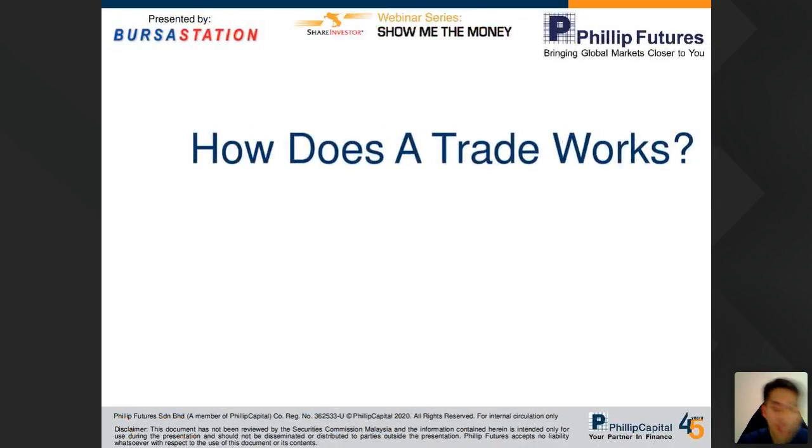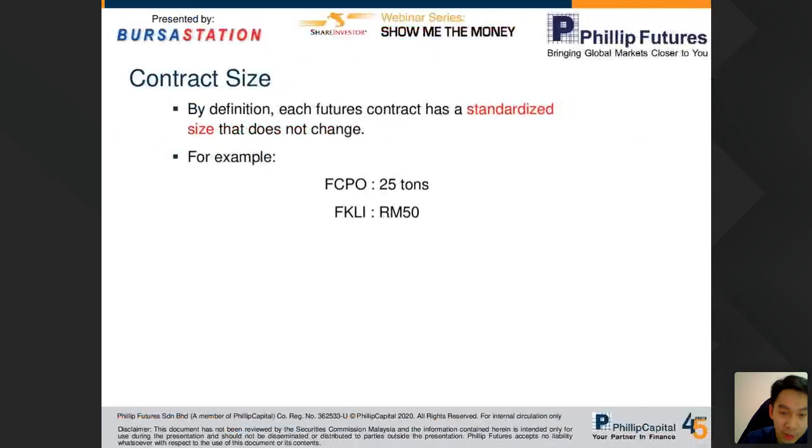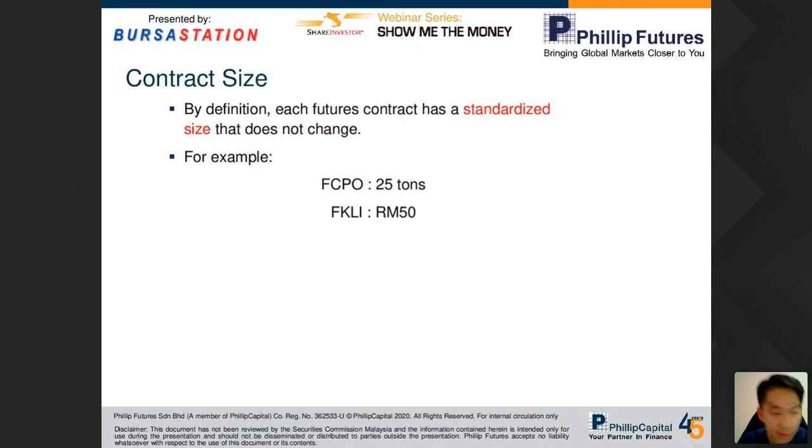Okay, after I've covered all the benefits of futures trading, I would like to talk a bit about the basic mechanism of futures trading. How does a trade work? The first thing that you need to know is the contract size. Basically, by trading one contract, what position are you actually holding?